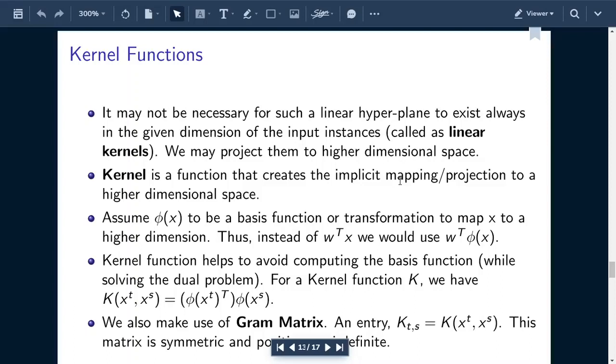And consider all the points x belongs to C2, class 2, if the distance from the origin is greater than 1. So x belongs to C1 if the distance of x from the origin is less than 1, and x belongs to C2 if the distance is greater than 1. So they are kind of circles you can think. Now if I ask you to design a hyperplane in this two dimension, I mean you have to design the line.